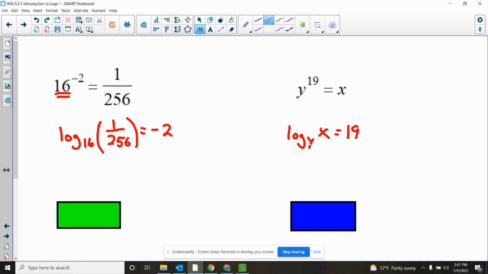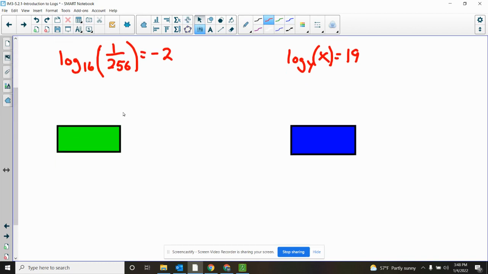Now note, some students think that this is y to the power of x. It is not. It's unfortunate that it looks that way. If it helps you to remember putting the parentheses in that it's log base y, the y is just telling us what kind of log it is, because there are different kinds. The x is inside the logarithm function, and then the result is the 19.